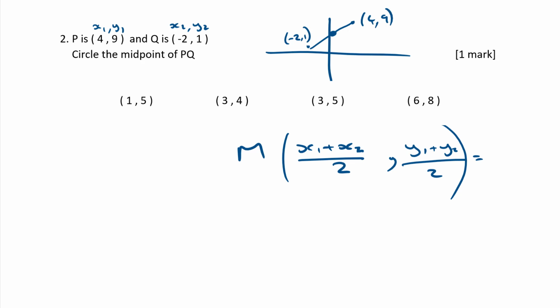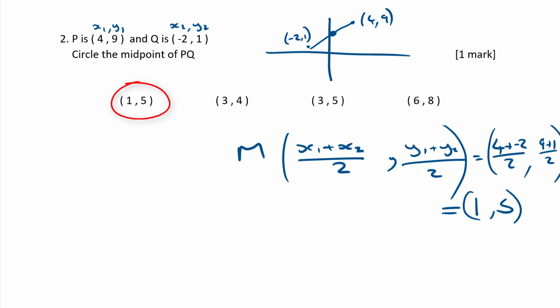So in this case, that is (4 plus negative 2) over 2, and (9 plus 1) over 2. It's basically you're averaging the two out, aren't you? And that's equal to 4 plus negative 2 is 2, divided by 2 is 1, and 9 plus 1 is 10, divided by 2 is 5. Okay, so the midpoint then is (1, 5). Is that one there?